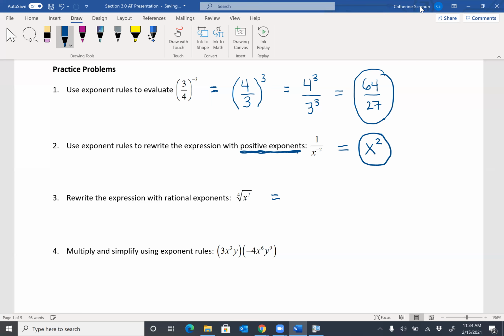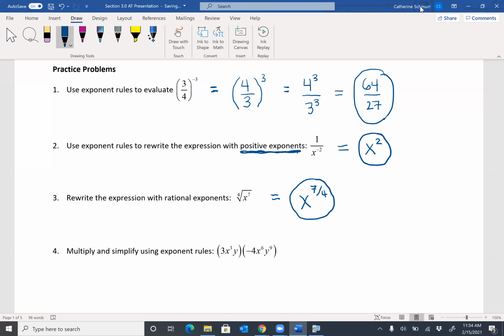I know that when I have a root, the number that is on the radical is going to be the denominator of the exponent. So this is going to equal x to the 7 over 4, because x is raised to the 7th power and it's the 4th root. So that's x to the 7 over 4.